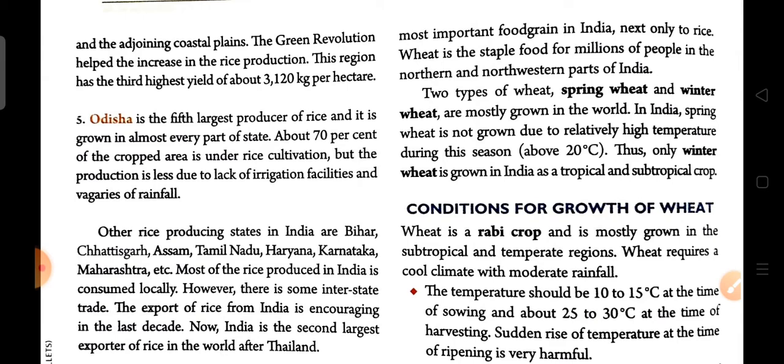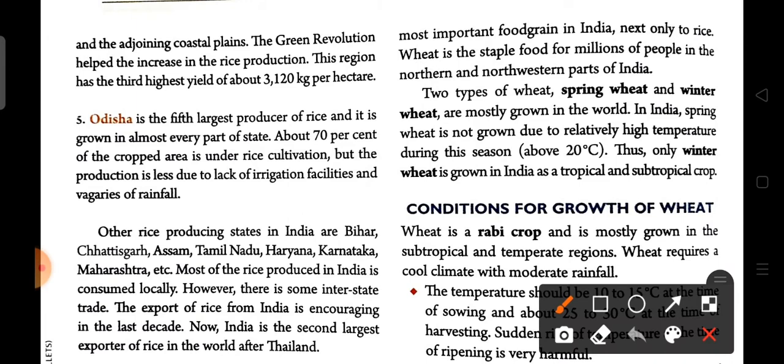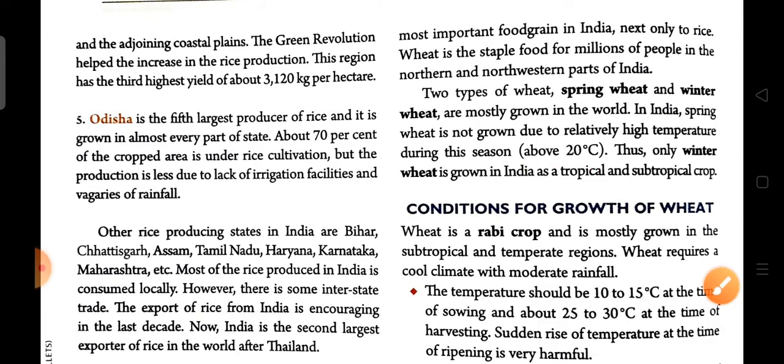Thus, only winter wheat is grown in India as a tropical and subtropical crop. So, tropical and subtropical here means the temperate region.